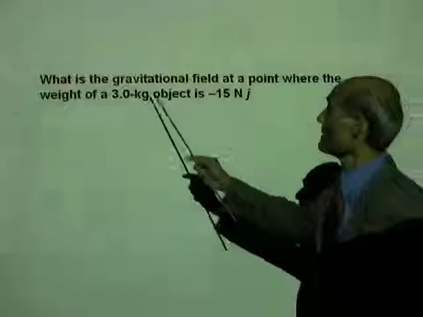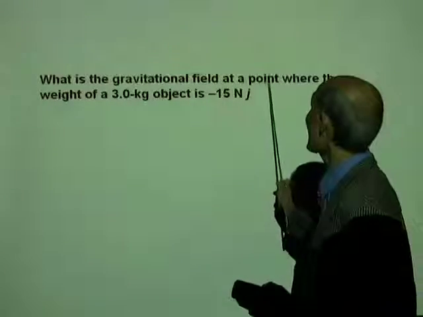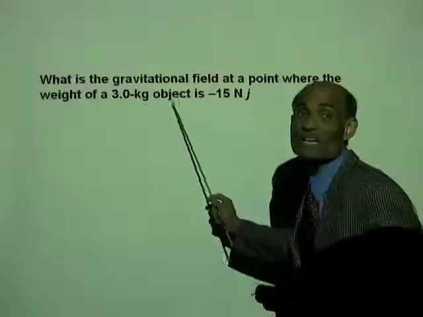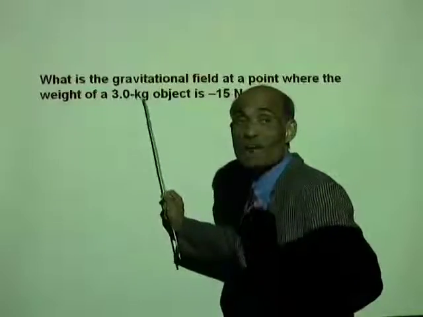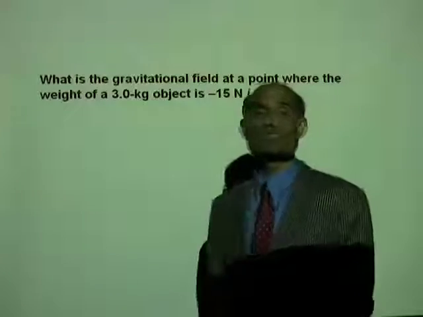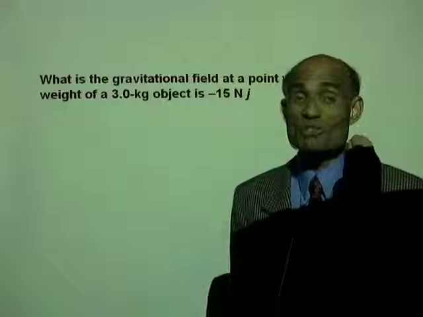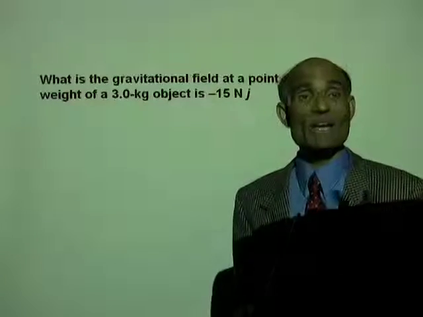Okay, let's do a small problem. What is the gravitational field at a point where the weight of a 3 kilogram object is negative 15 Newton j? Now, if you understood the concept I described, you can give me the answer right away.